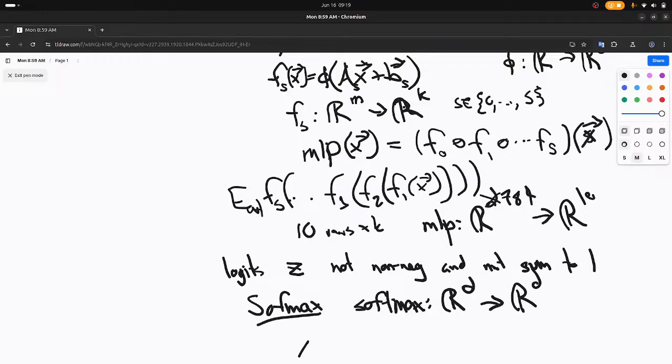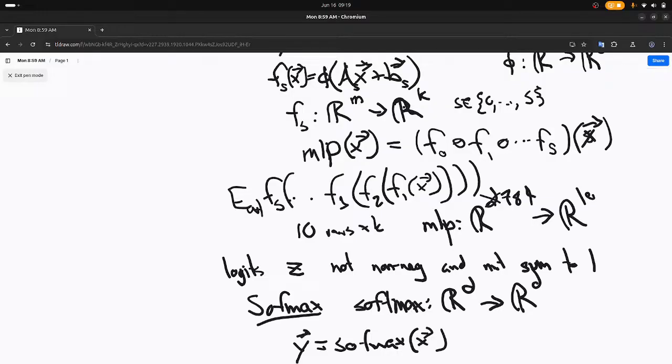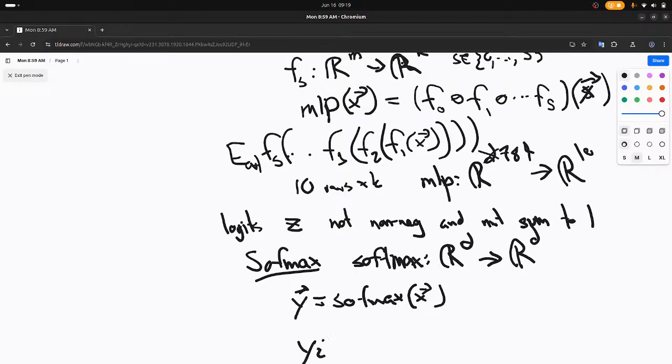So I write y equals softmax of some vector x, and the way I define it is that y_i, the ith entry, is the exponentiated version of the corresponding entry. But we also want to normalize it so that it sums to 1, so we divide by the total sum after we have exponentiated them all.